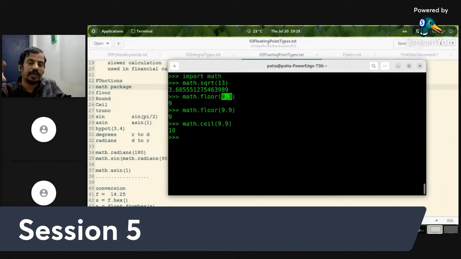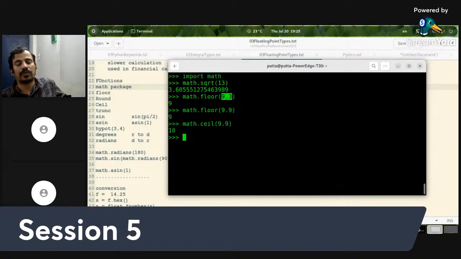When we are doing a rounding or approximation operation, you have studied approximation, right, in maths? Yes, sir. There, what is usually done is 0.5 and above gets approximated to the upper value, and anything below 0.5 gets approximated to the lower value. But here we have two different things called floor and ceil.